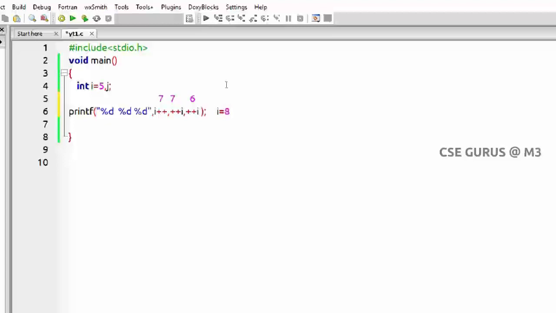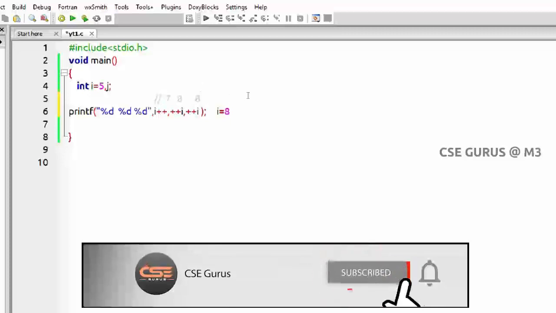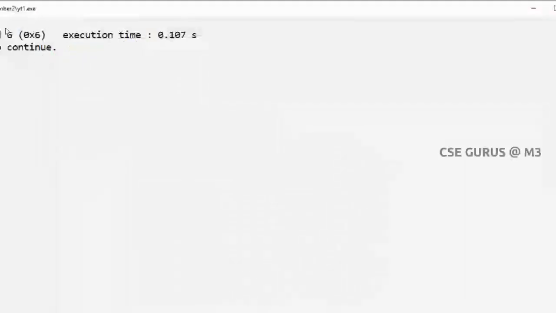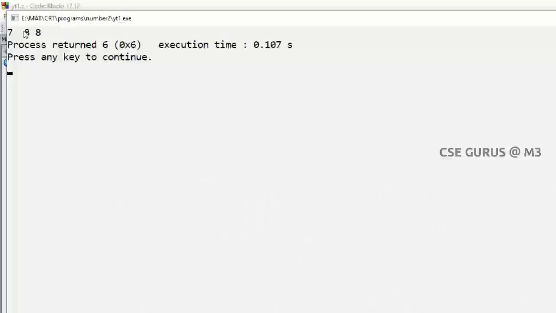After last, why? Because I plus plus is there. So now 8 will be replaced here, and plus plus I here also 8 will be replaced. So now the output should be 788. Let me check the output. Yeah, you can see 788.